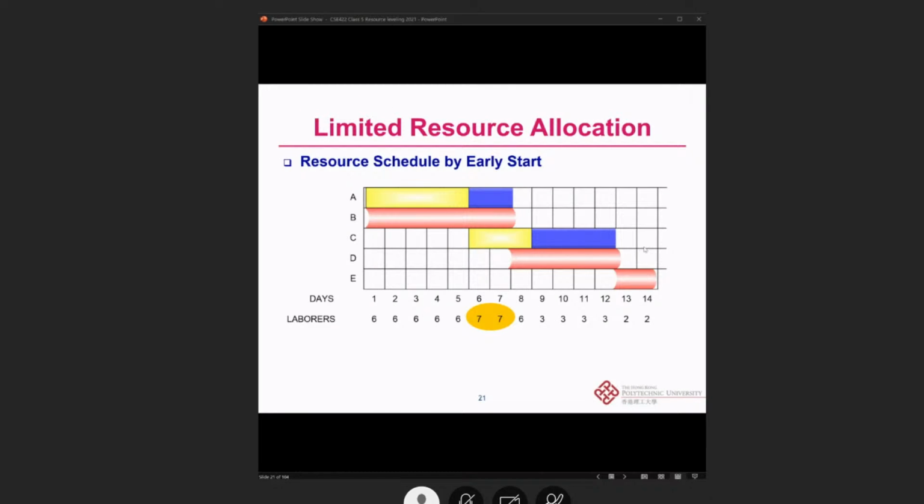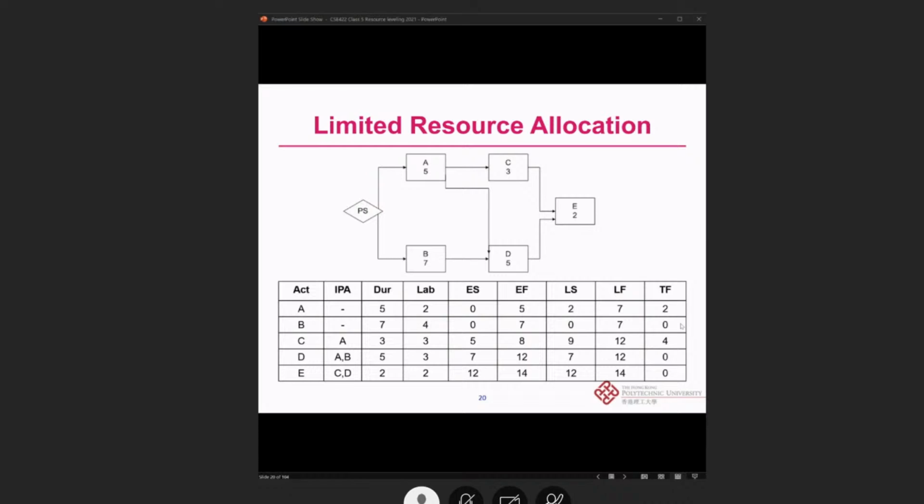Think about that. Now, here the blue part identifies the total float, which is the slack, for activity A and C, meaning that these 2 activities are not critical. They are not on the critical path. So for this example, how we can solve this resource limitation is actually quite easy.